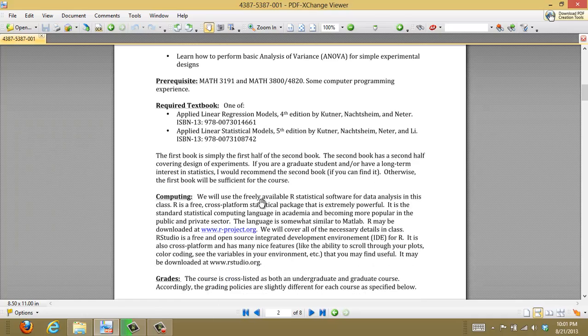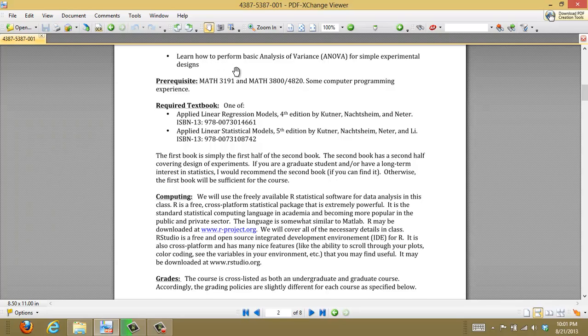I will say that this course does have some required prerequisites. This is not a first semester statistics class. If you haven't had a statistics class, this class is definitely not the way for you. In fact, you don't just want an introductory statistics class, you want a calculus-based statistics class.